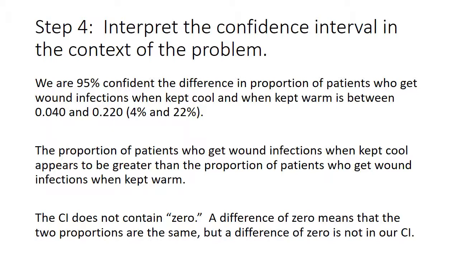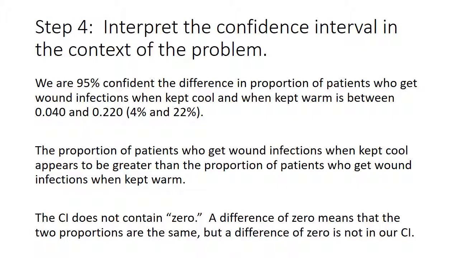Now, it really does look like the proportion of patients who get wound infections when kept cool is bigger than the proportion of patients who get wound infections when kept warm. Because we're 95% confident the true difference is between 4% and 22%. Bigger than 0, more than 0. So, more cooled patients get wound infections than warmed patients.